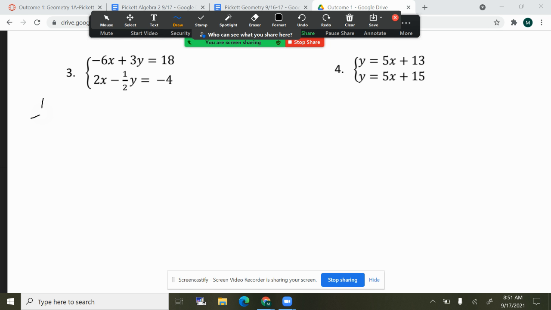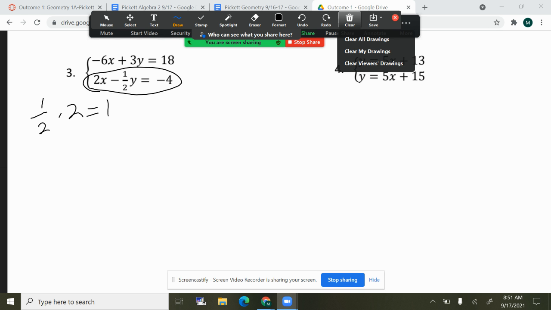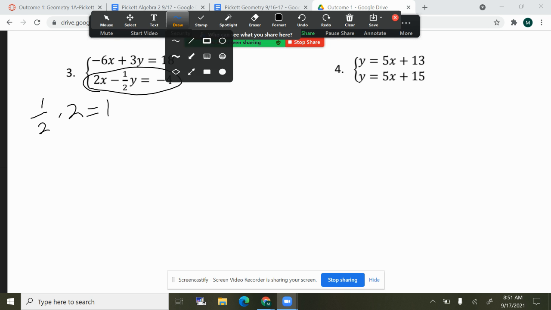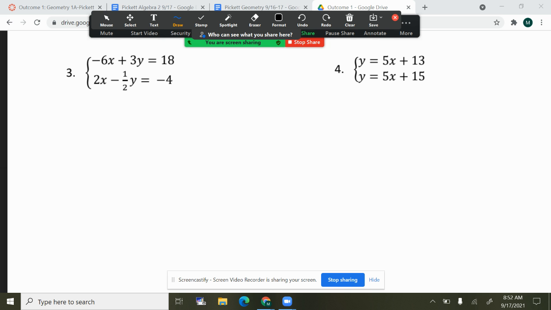Well, I know that 1/2 times 2 is equal to 1. So if I multiplied this whole thing by 2, that would get rid of the 1/2. Now, if I multiply it by 2, it'll end up just being a negative y. I may as well make it a positive y, and then I can get y by itself. So what I'm going to do is multiply this whole second equation by negative 2.